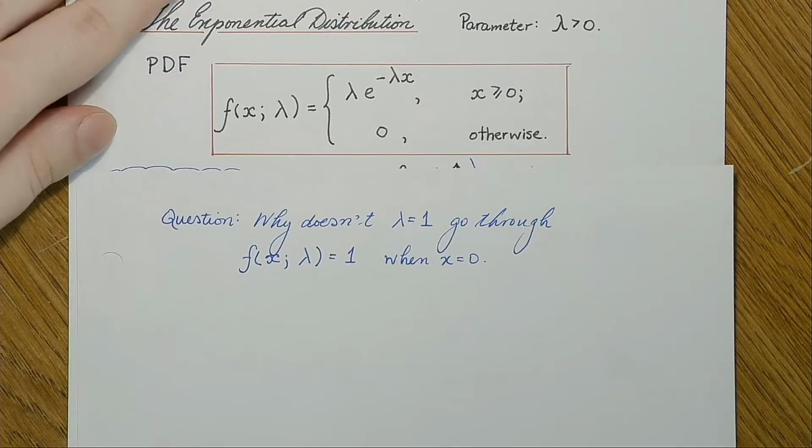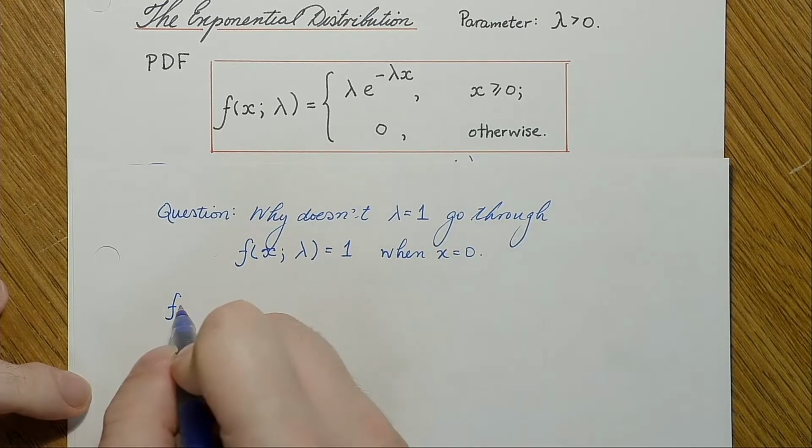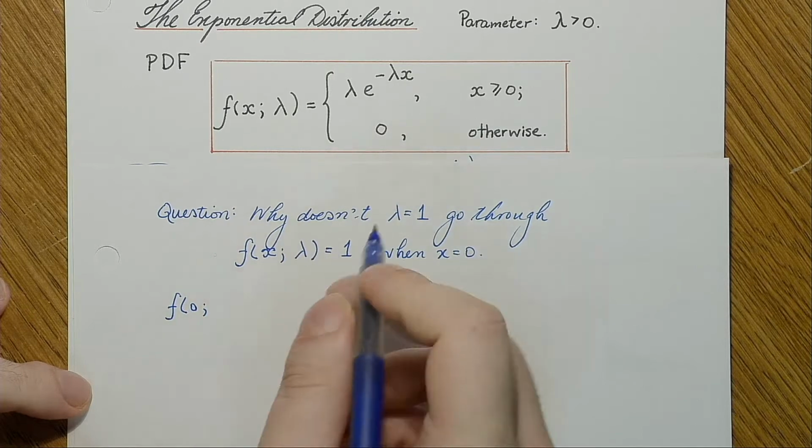Using our PDF, we'll use 0, and lambda is going to be 1.